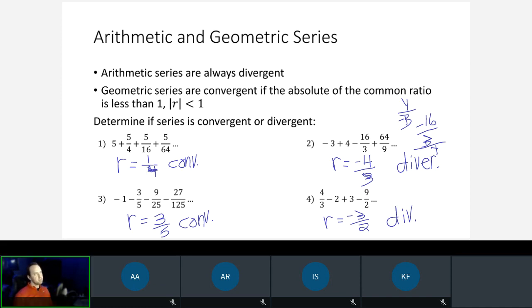I obviously didn't have any examples of arithmetic, because arithmetic is always divergent. So on your quiz or test, if your series is arithmetic and it asks you whether it's divergent, convergent, or neither, or inconclusive, it's divergent for arithmetic.